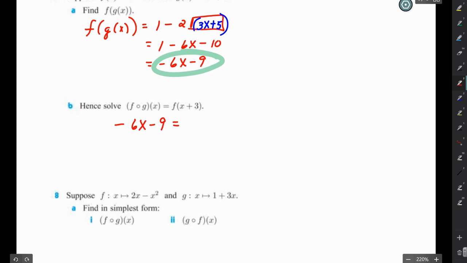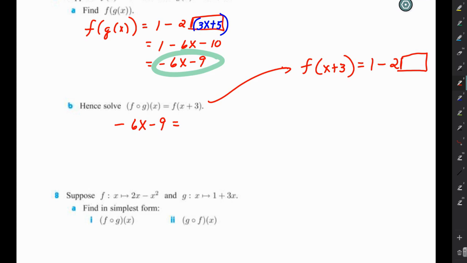And if we put x plus 3 into the f function, let's just do a little side note here. What does that look like? F of x plus 3. That means in the f function, I am replacing x with x plus 3. So here's my f function. I'm replacing x with x plus 3.